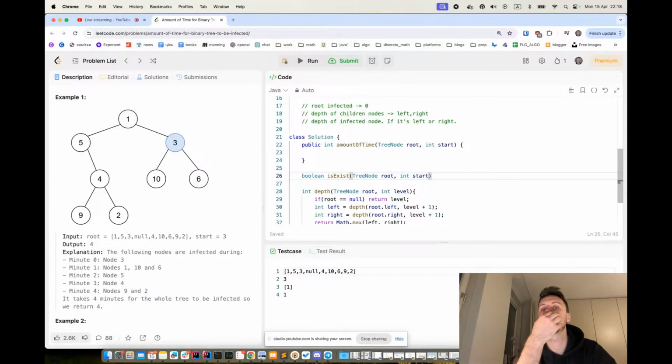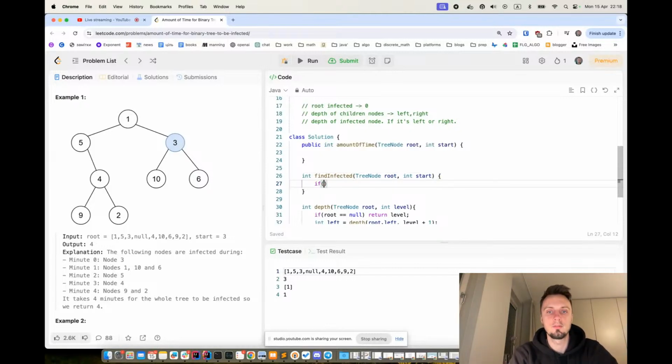We can find infected: if root val is equal to start, and here also it would be level, then return level.